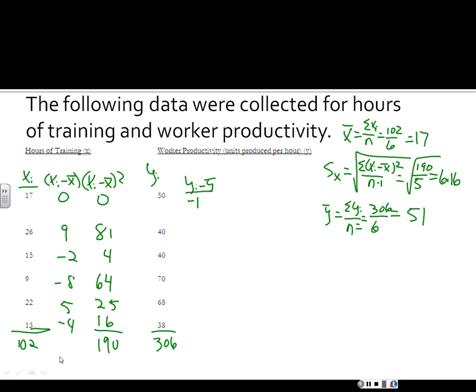Minus 1, minus 11, minus 11, 19, 17, and minus 13. And then square all of those.